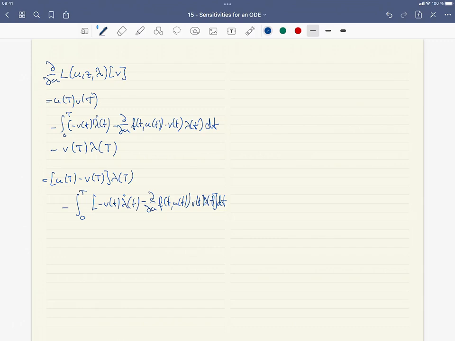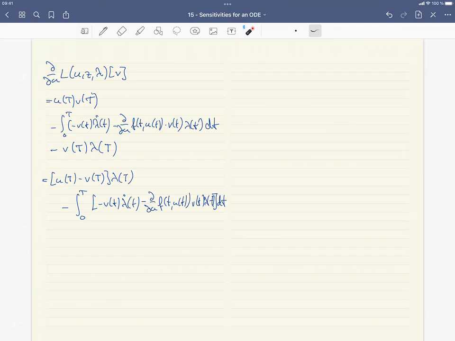Now the direction v is arbitrary. So that means the second term, well, my v is in a sense arbitrary. Oh well, I've missed something.